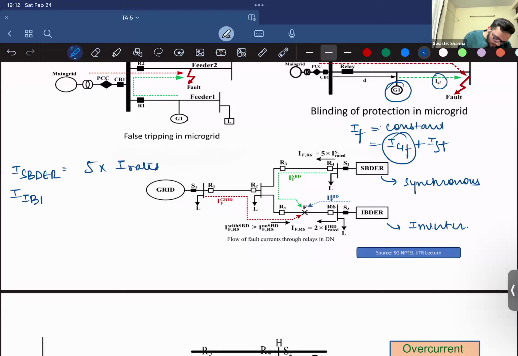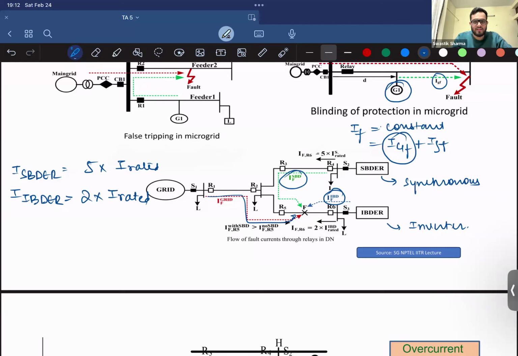And due to the internal protection of the power electronic components, the inverter based DR only supplies twice the rated current during a fault. So here the fault current is 5 times the rated current, here it is twice the rated current, right? And the main grid is supplying this amount of current to this fault.